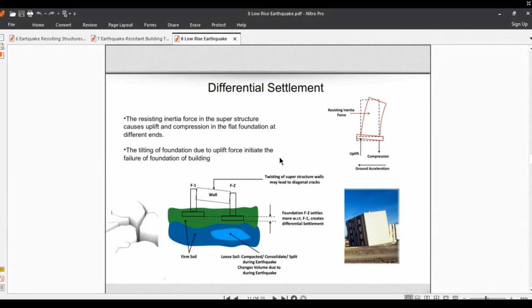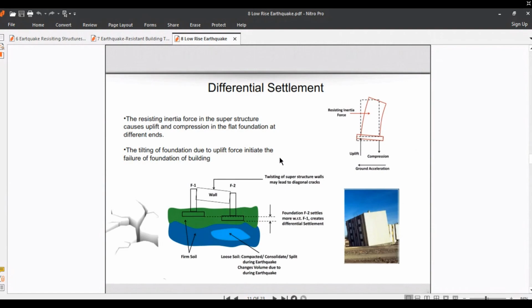The tightening of foundations due to uplift force and inertia, the failure of the foundation or building occurs, as shown in this schematic shape. In this schematic, as you can see, we have loose soil after the earthquake occurs.